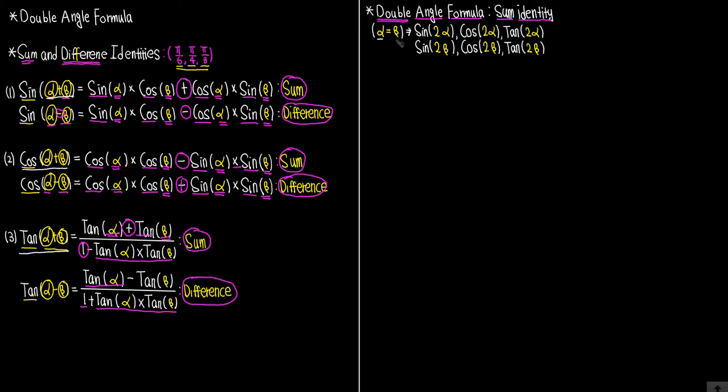But when alpha is equal to beta, that means when the two special angles have the same value, then we define it in this way. Originally, it's sine alpha plus alpha, which is 2 alpha, cosine of 2 alpha, tangent of 2 alpha, sine of 2 beta, cosine of 2 beta, and the tangent of 2 beta.